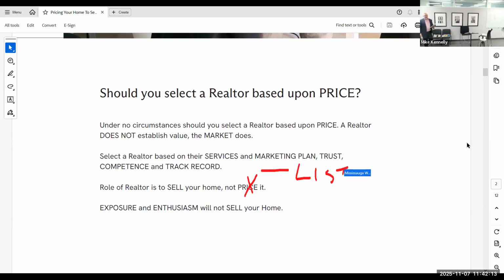So the role of the realtor, the role that I'm here to do, is one thing: sell your home. Do you agree with me, Mr. and Mrs. Seller? Or is my role something different? Are you hiring me today to sell your home? If they say no, oh, okay, well, what are you hiring me for then?